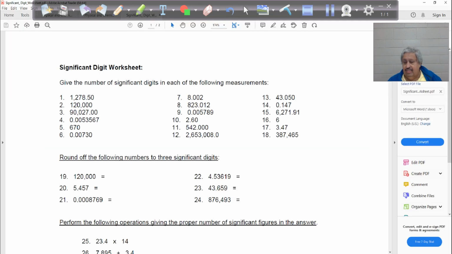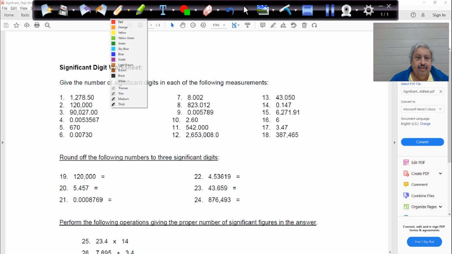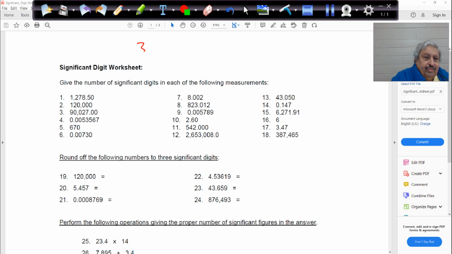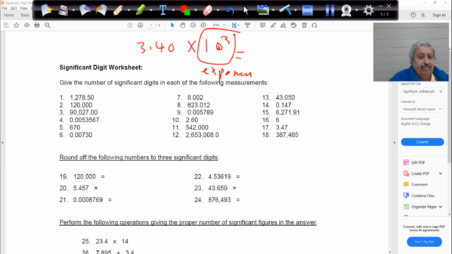Okay, guys, let's do some of those here, and then I'll tell you some stuff here. The values with the power, they are not significant. Just a note here, that's very important. The value here, for example, 3.40 times 10 to the power 3. So how many significant figures do we have? Well, this exponent here is not part of significant figures.